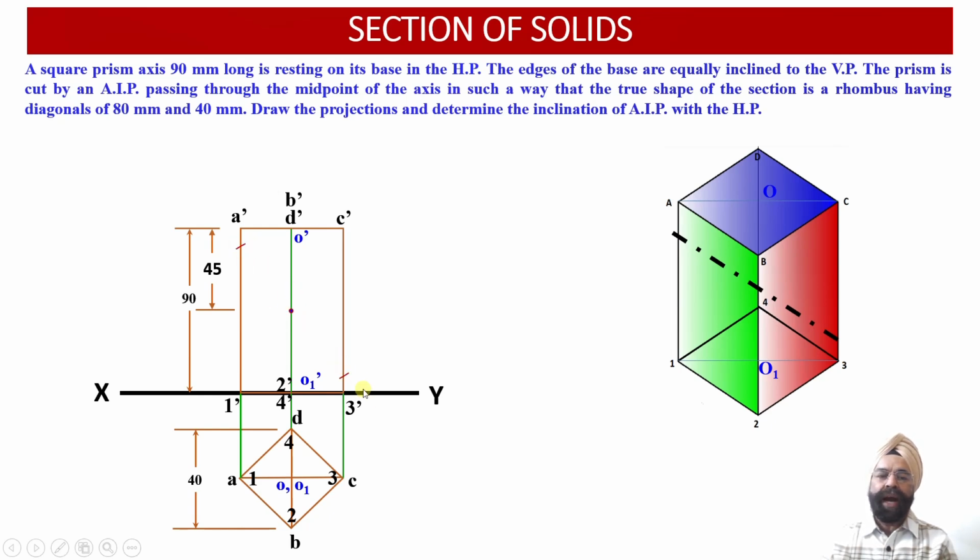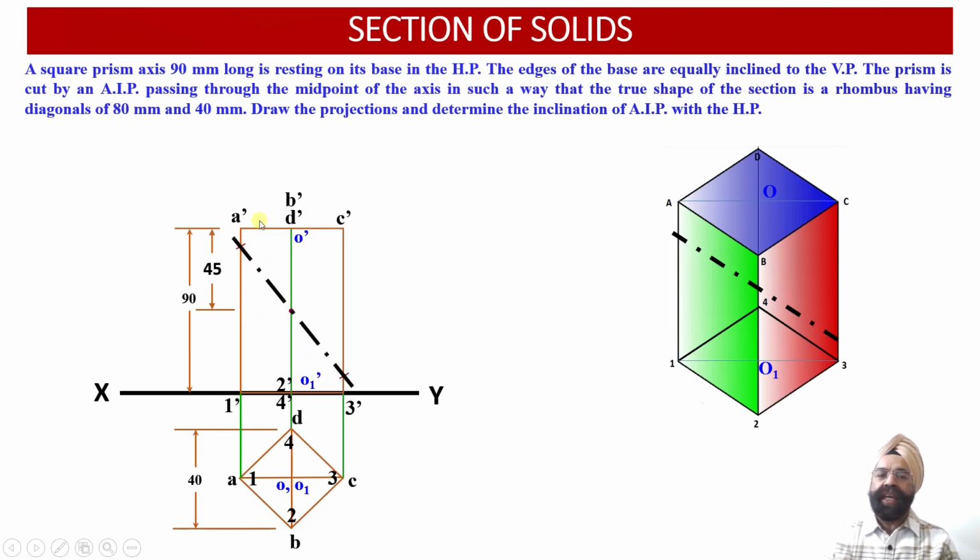We have marked two arcs over here with the midpoint as the center. We'll open the arc equal to 40 millimeter. So we'll mark one arc on A', we'll mark the second arc onto the vertical edge C', such that the radius of this arc should be equal to 40 millimeter.